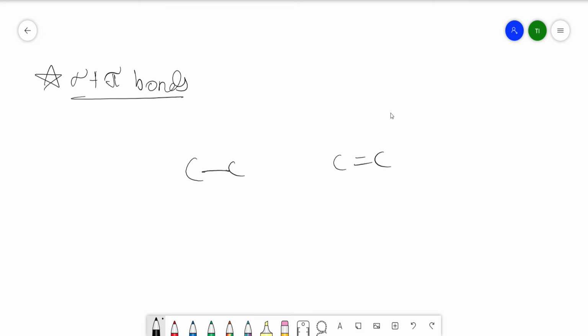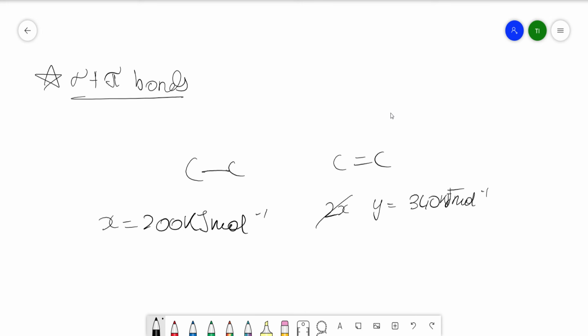Well, I don't recall the values exactly, so these are not the exact values, okay? Let's say this is 200 kJ mol^-1. The bond energy for the double bond is not 2x. It is something like, I think, 340. If this is 200, this would be 340 kJ mol^-1, right?